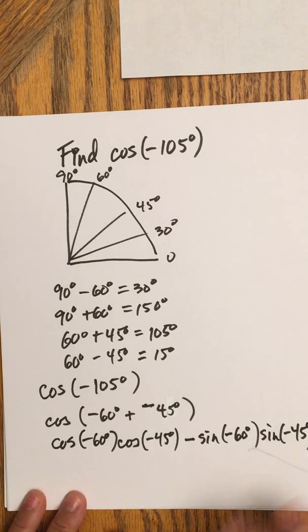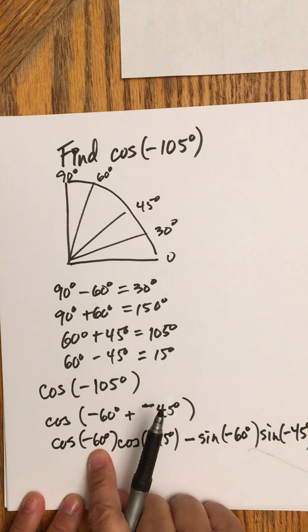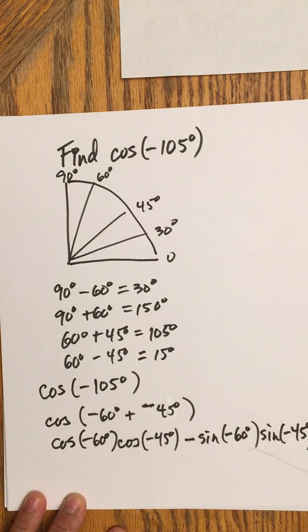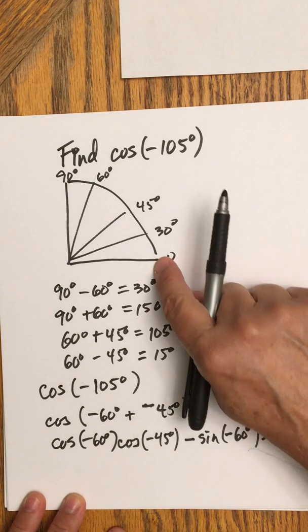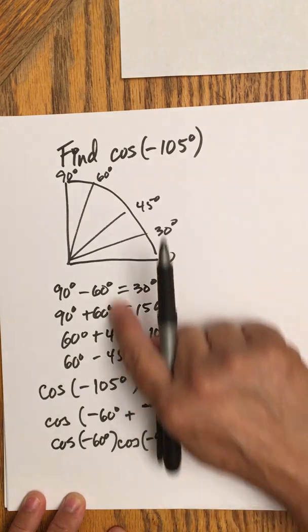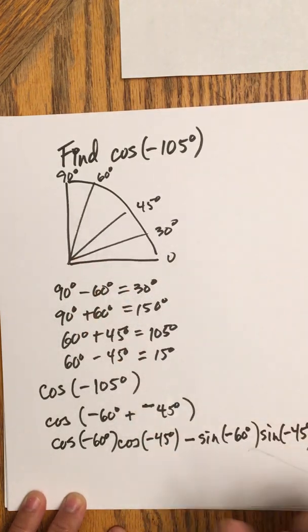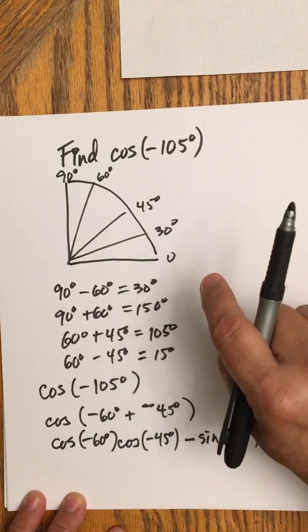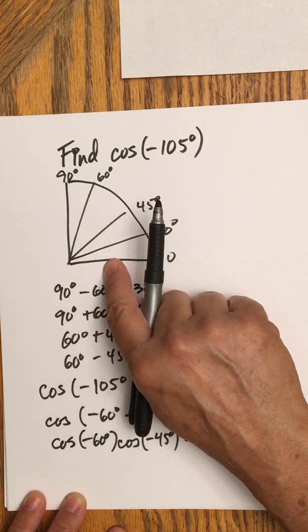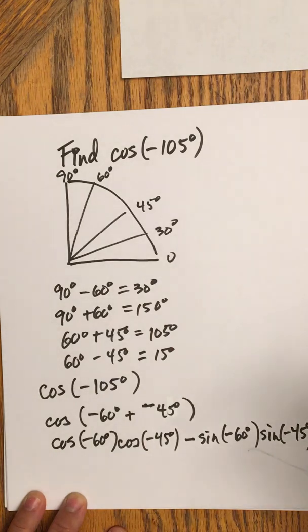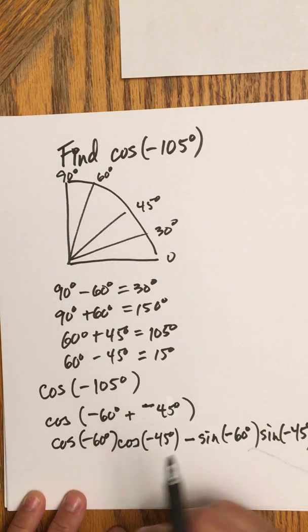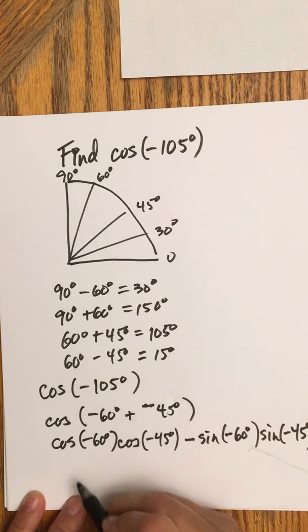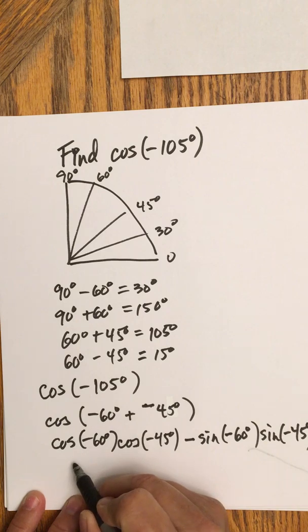Now I can use my even and odd formulas. Cosine of negative 60 is also the same thing as cosine of positive 60. Or I could just think, if I go in the negative direction, I'm at negative 60 degrees, in quadrant 4, and I go over in the x positive, a half. So I could do it either way. Whichever way you want to do it, it's fine.